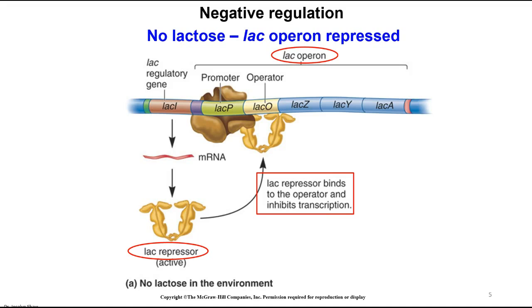As the lac-I gene is associated with its own promoter, it's consistently being transcribed and translated into lac repressor. This lac repressor is able to bind to the operator region and block the RNA polymerase from moving downwards to transcribe the lac operon, so the lac operon expression level is low in this case.